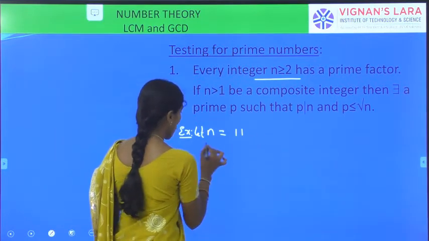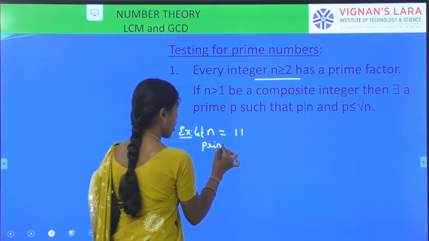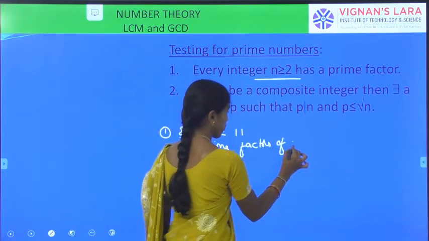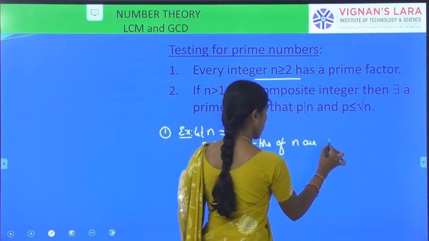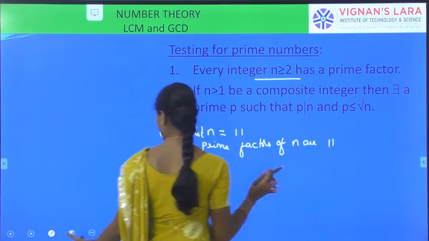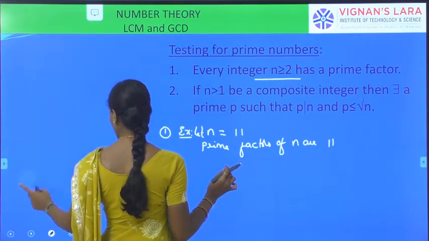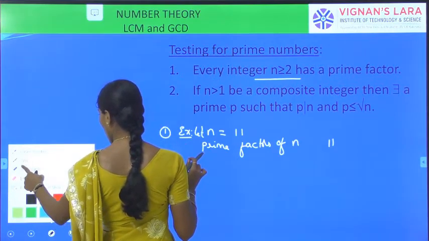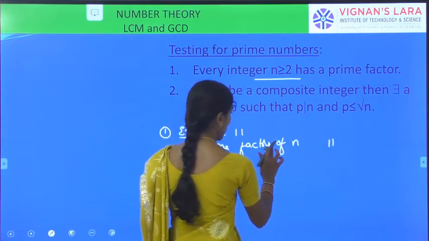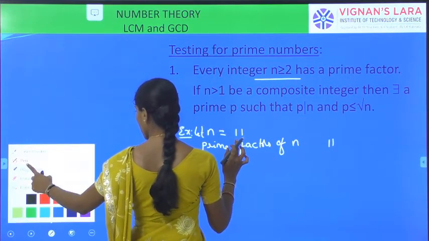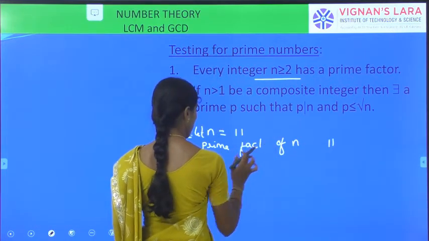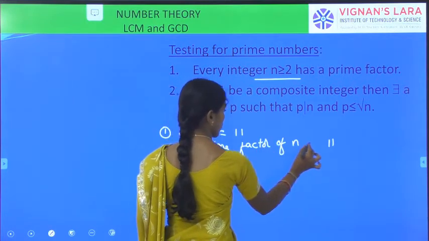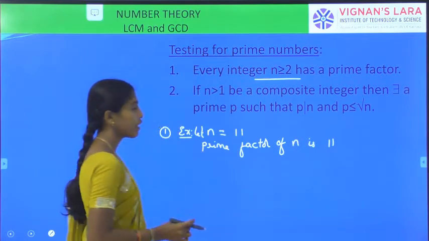So prime factors of n are... because 1 is neither a prime number nor a composite number. So prime factor of n is 11 only, right?